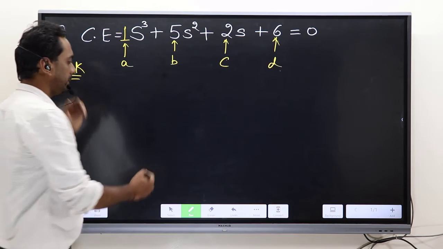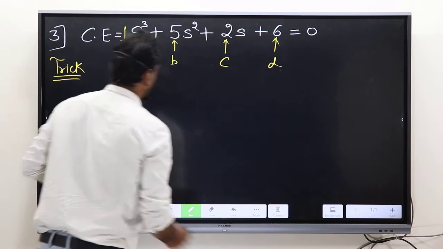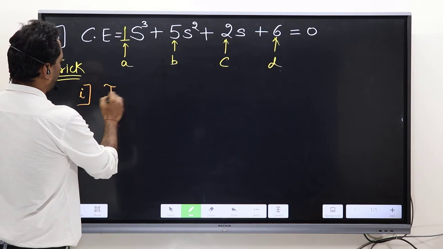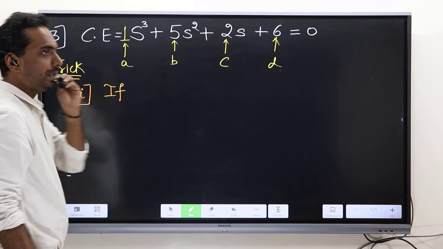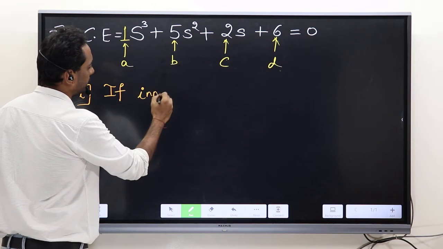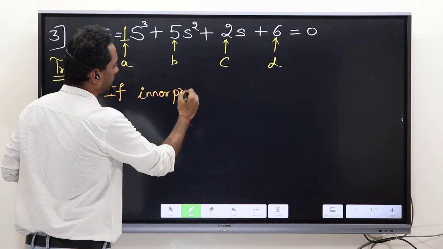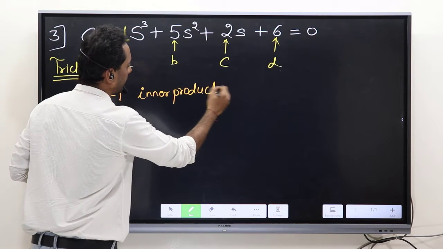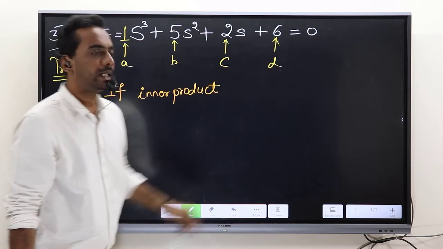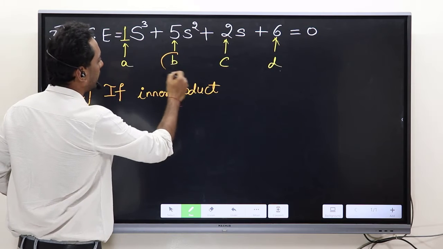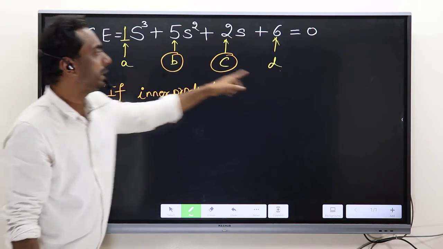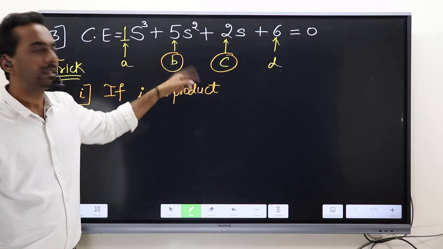Trick is that, write down first, if please pay attention, if inner product, now if you look at coefficient A, B, C, D, coefficient B and coefficient C are the inner product because वो A और D के अंदर है, so we call it as a inner product.